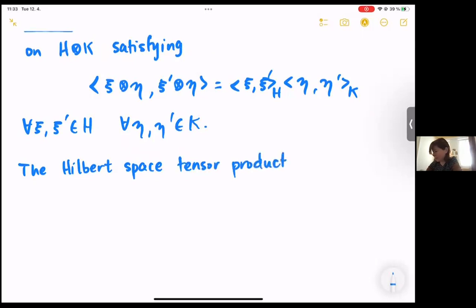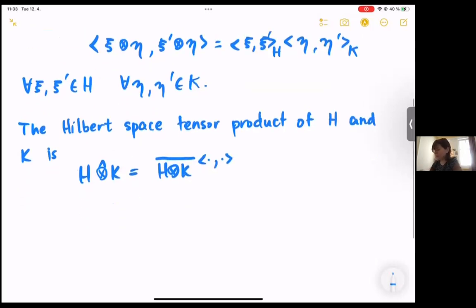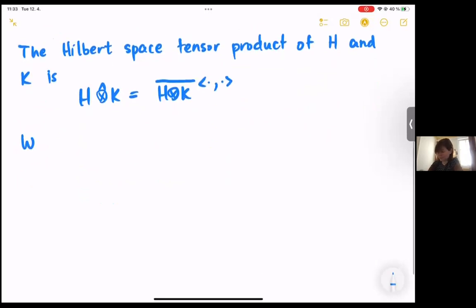And denote that with a little hat over the tensor product symbol. And then we also observed that for a simple tensor, the induced norm does exactly what we want.